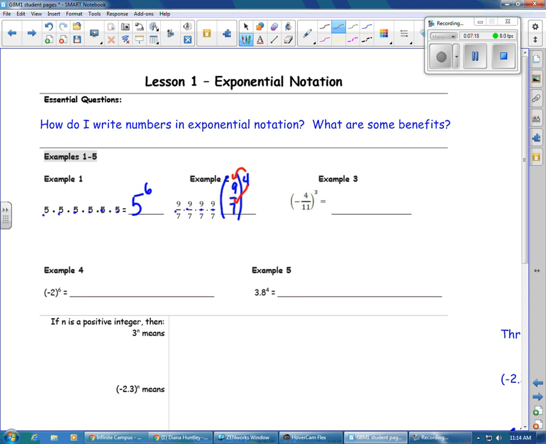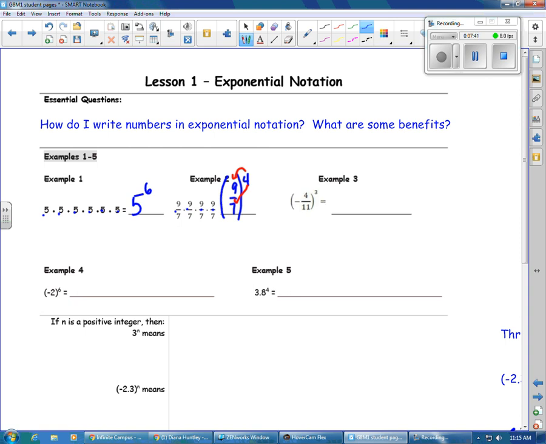Okay? The next example, I have negative 4/11 to the 3rd power. And they want us to write it in expanded form. If they're giving it to you in exponential form, they want you to write it in expanded. If it's in expanded form, they want you to write it in exponential. So negative 4/11. First of all, we've got a fraction here, and we have a negative sign.